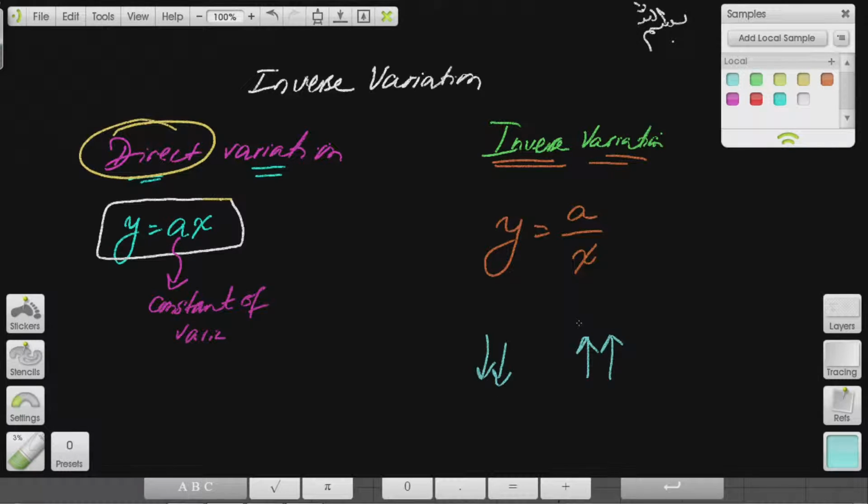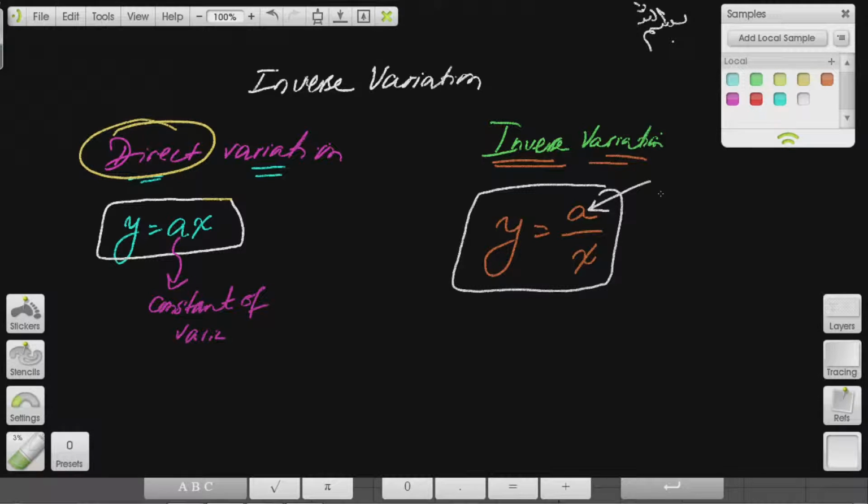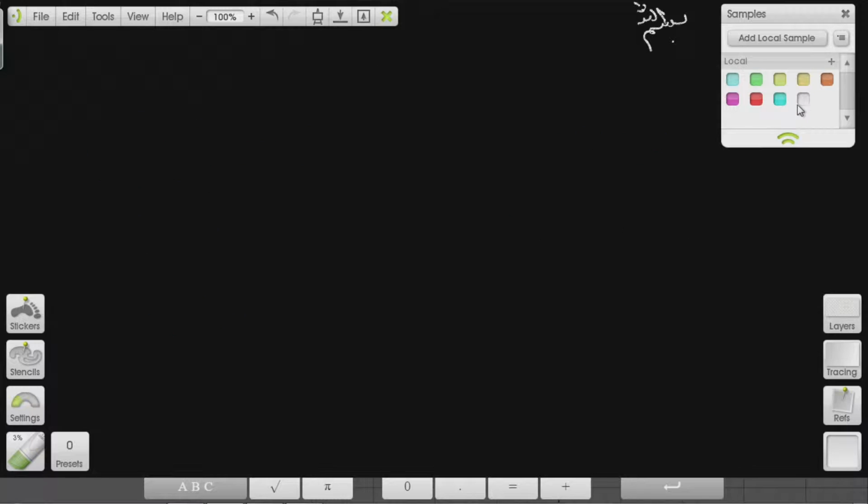So that's an example of an inverse variation. The inverse variation relationship is described by this, where a here is a constant, and that's, again, the constant of variation. So again, this would be direct variation, and this would be inverse variation.